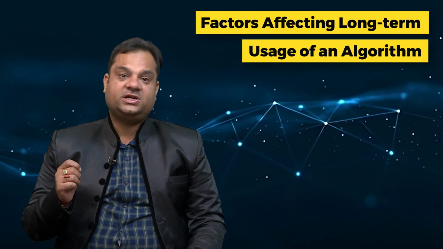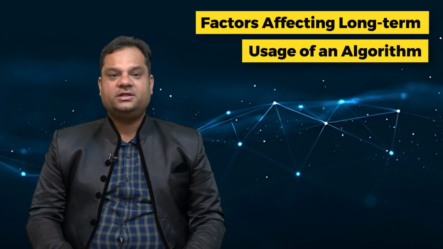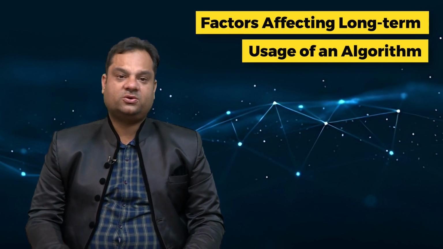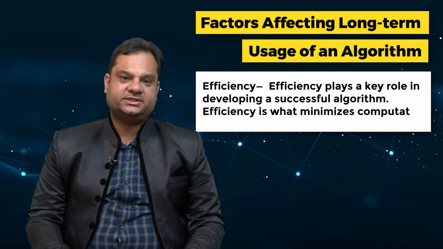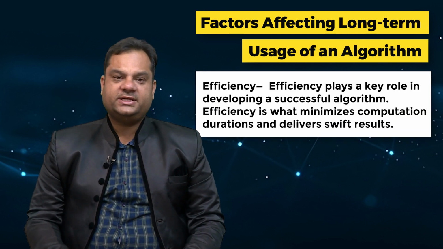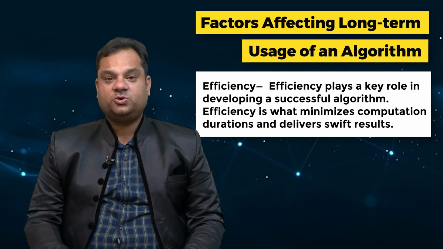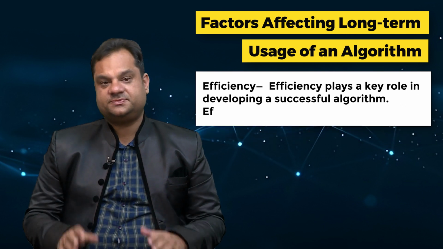Now understand the factors affecting the long-term use of an algorithm. The following are factors that are crucial to an algorithm's long-term effectiveness, like efficiency. Efficiency plays a key role in developing a successful algorithm. Efficiency is what minimizes computation durations and delivers swift results.